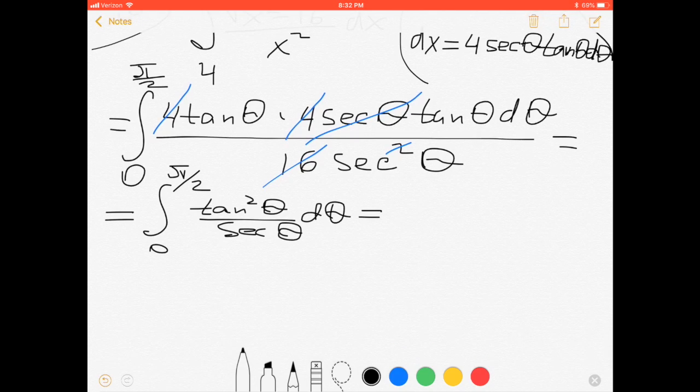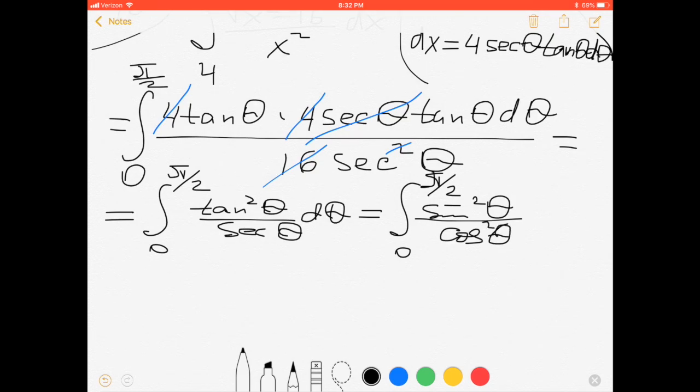Or it will be the integral from 0 to pi over 2. Tangent squared is sine squared theta over cosine squared theta, divided by secant, which means multiplied by cosine.